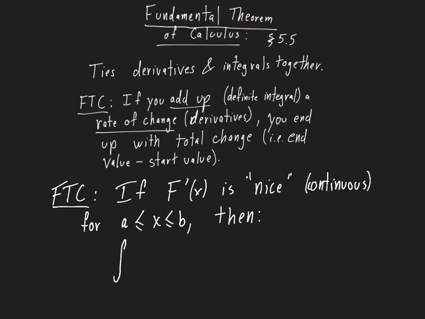This tells you that the definite integral from a to b of f prime of x dx is just going to be equal to f of b minus f of a.